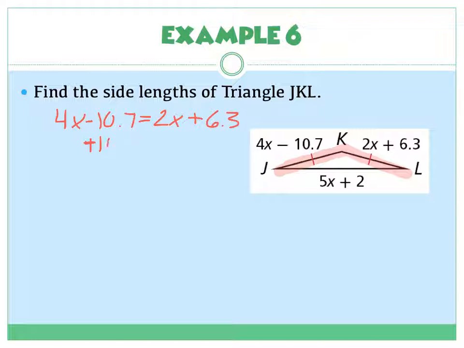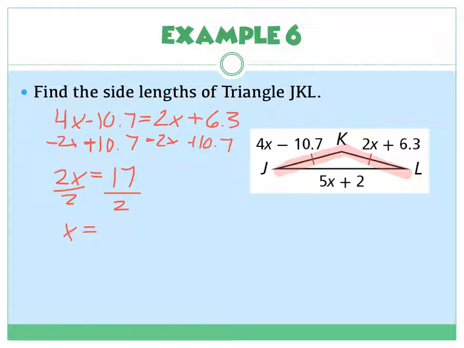So we can add 10.7 to both sides and subtract 2x. So we get 2x is equal to 17. And we can divide by 2. We get x is equal to what? 8.5.